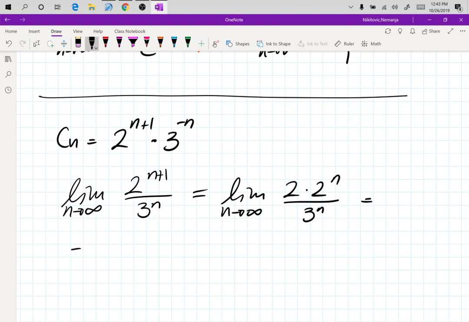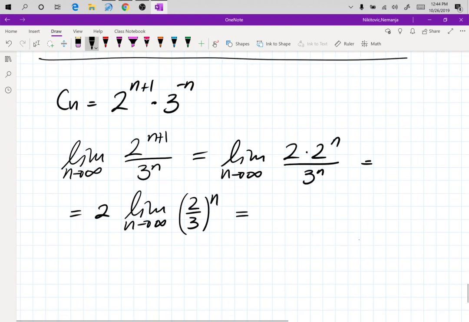And what I can do is kick that 2 completely in front of the limit and just have 2/3 to the n. And I need to take this limit. So whatever this limit is, I'm going to multiply that by 2, and I'm done. So now I just need to solve this limit.